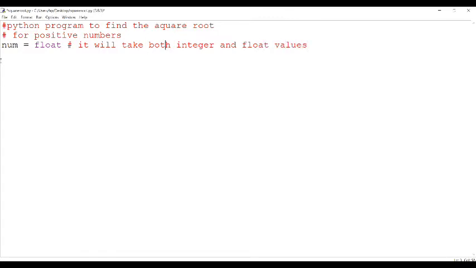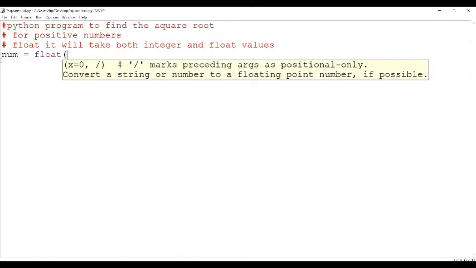So num equal to float, and I am saying to the compiler that now I am going to take input.